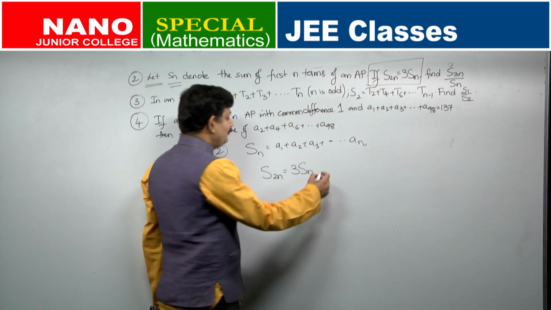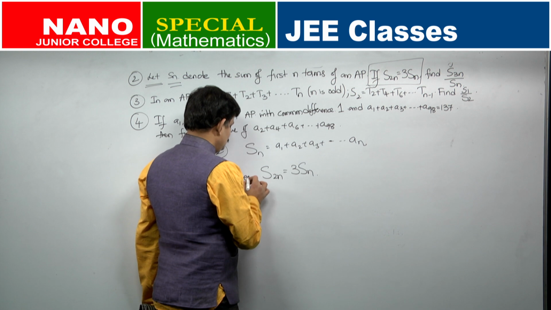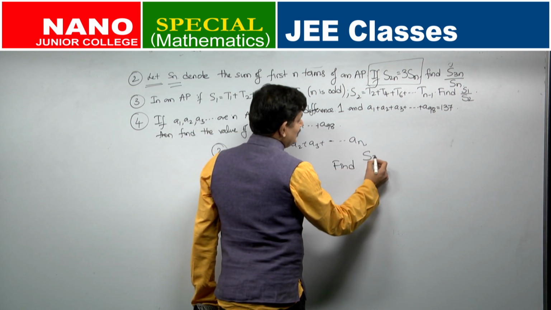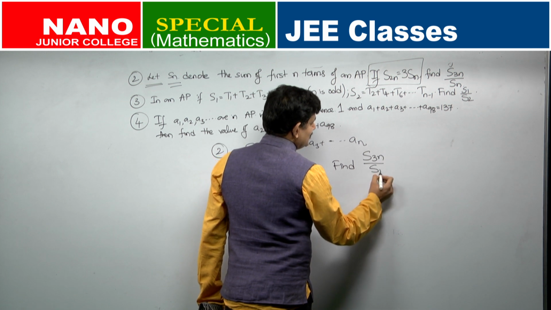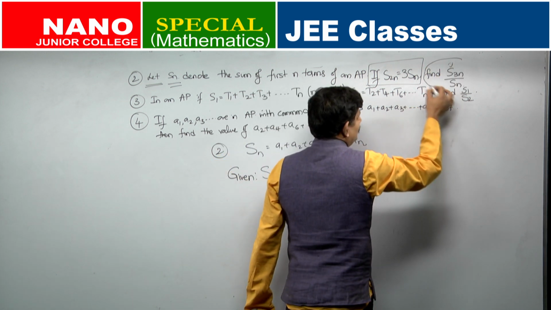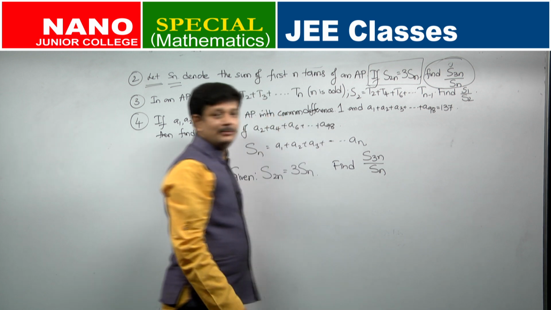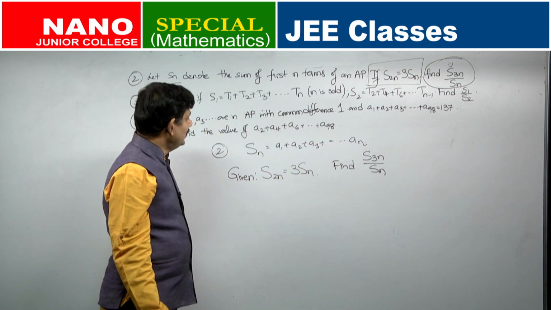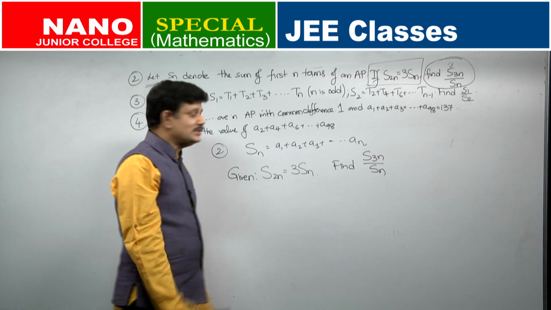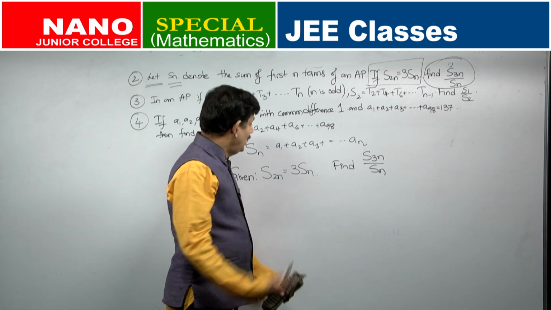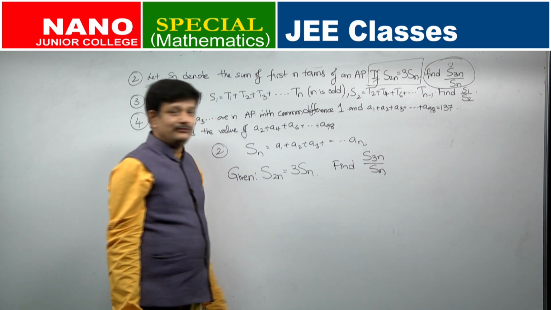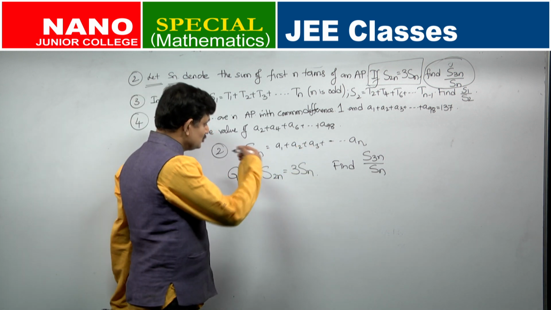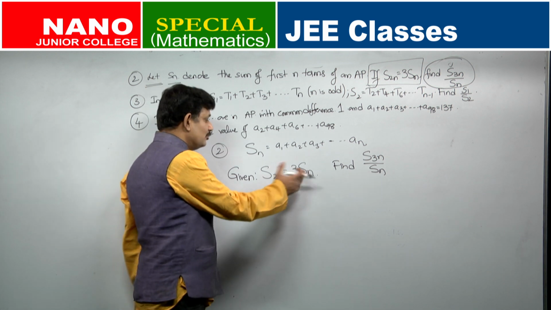And what are we required to find? S3n divided by Sn. He is asking you to find the ratio S3n divided by Sn. Again, this question can be done in two ways or even more ways. Most of the books, what they follow is, they will write the Sn formula, they will write the S2n formula, and equate both of them.